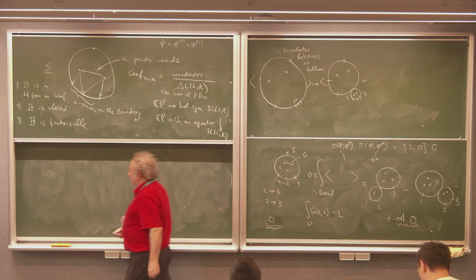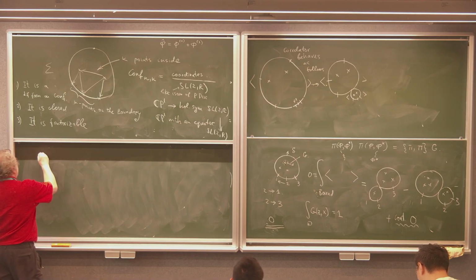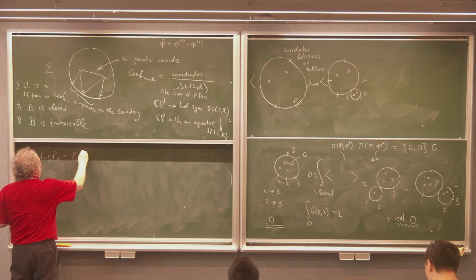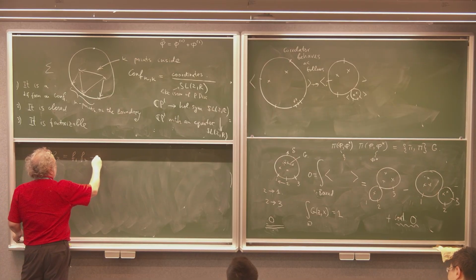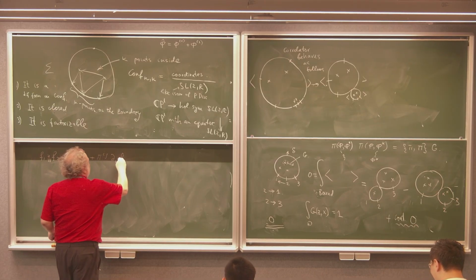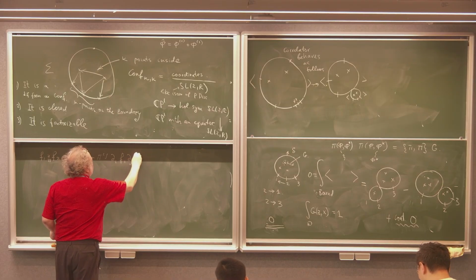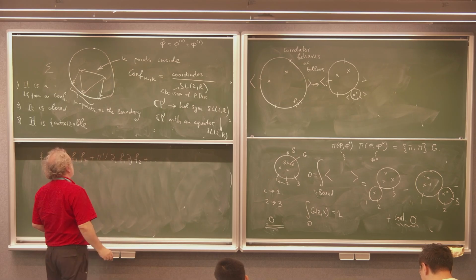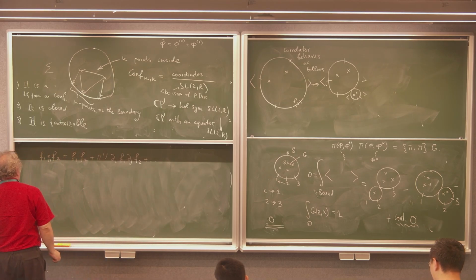So in the deformation quantization, we construct F1 star F2 that depends on pi, that goes as F1 times F2 plus higher terms, inevitable higher terms.